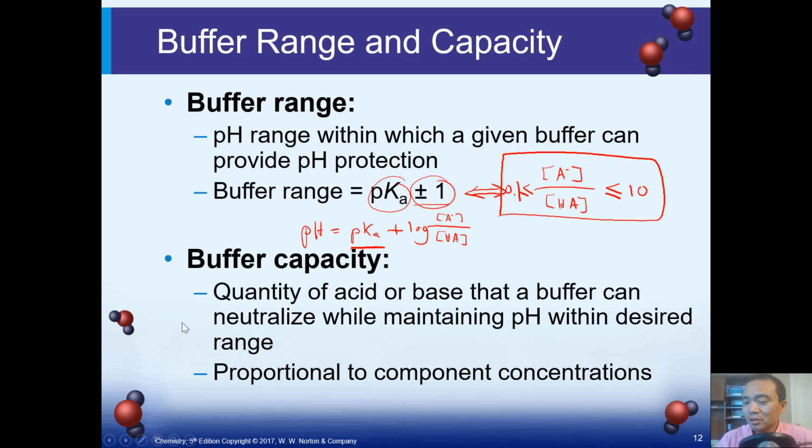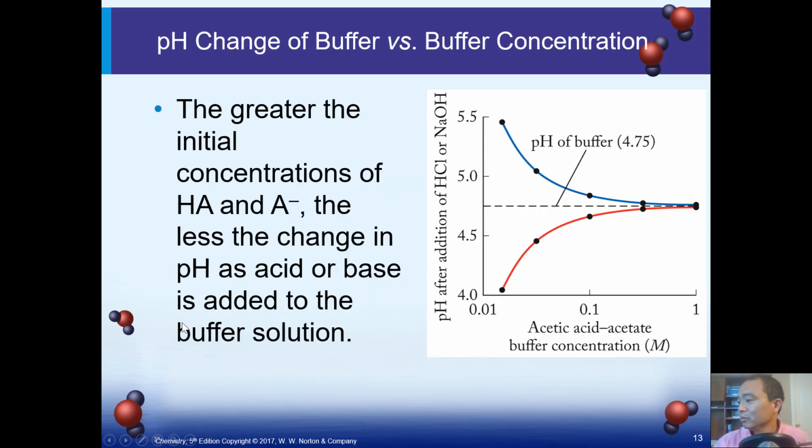When the initial concentrations of HA and A minus are larger, of course the buffer ability will be larger because it will be able to neutralize more acid or base. Let's look at another calculation based on the Henderson-Hasselbalch equation.